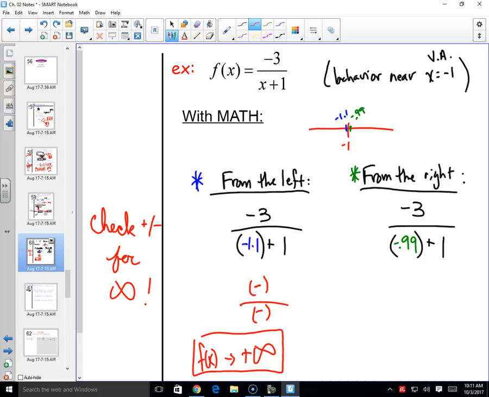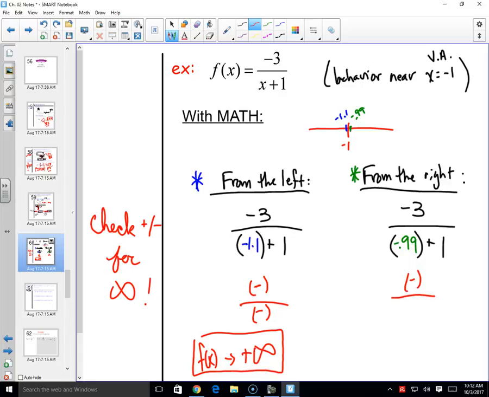Go. This is vertical or horizontal? Vertical. I said we need to do horizontal, but let's see really quickly how to do the vertical without a calculator. Thanks for checking. So the numerator, what's negative 3's sign always going to be? Negative.